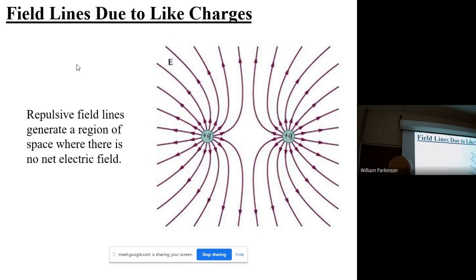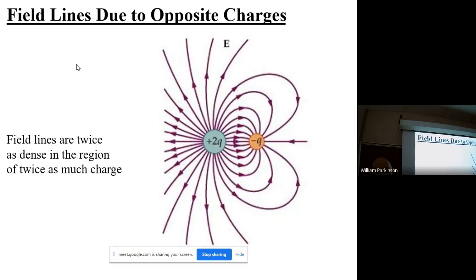Now, just as a point of interest, let's back up here and look at the difference when the charges are opposite. Between them, you actually have reinforcement. Think of it, I have a push outward from the left positive charge. I have a pull inward from the right negative charge, those are working together.